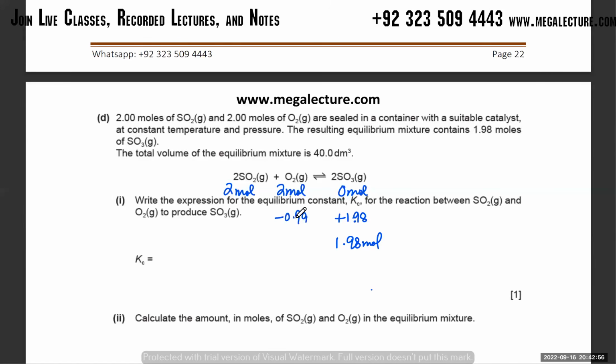So 1.98 getting produced, that means 0.99 must have reacted. For the other, it is 2:2, so if you produce 1.98, then 1.98 is the amount that will react. So you'll be left with how much? 1.01 moles. And over here, it's going to be 0.02.